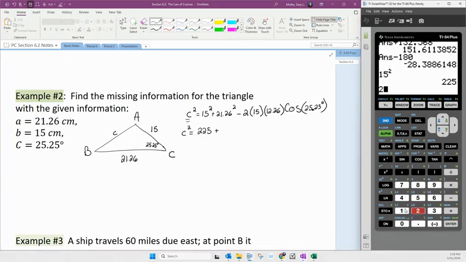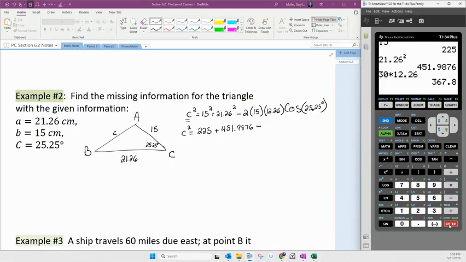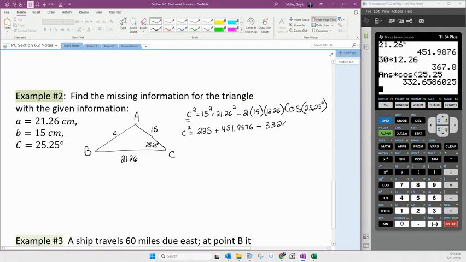Plus, I don't know this one, 451.9876 minus, let's see, 2 times 15, so 30 times 21.26. But we might as well go ahead and multiply by the cosine of 25.25. So that's 332.658659, I guess.